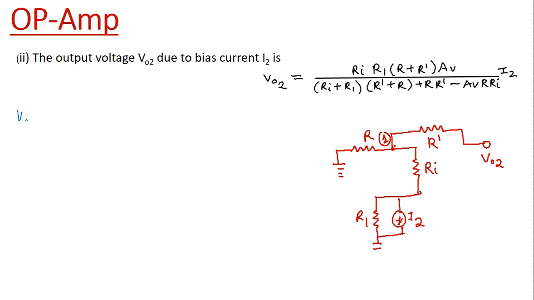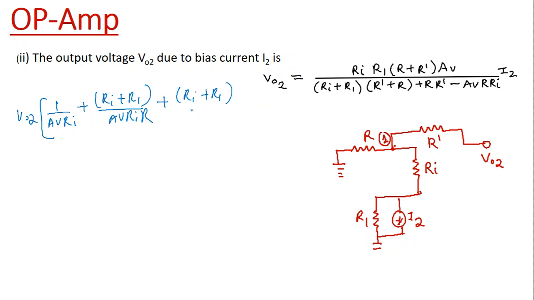So when we take VO2 as common, we get VO2 into (1 upon AVRI plus (Ri plus R1) divided by AVRI into R, then plus (Ri plus R1) divided by AVRI into R dash, minus 1 upon R dash) is equal to I2R1 whole multiplied by (1 upon R plus 1 upon R dash).